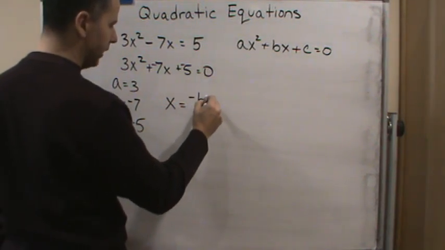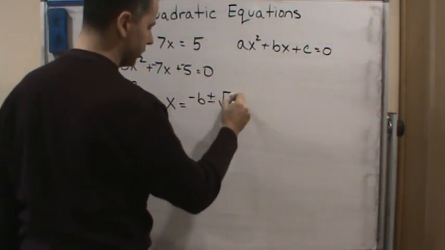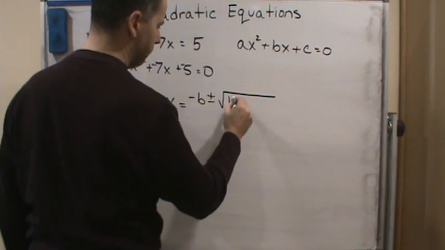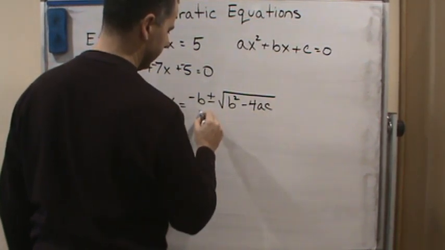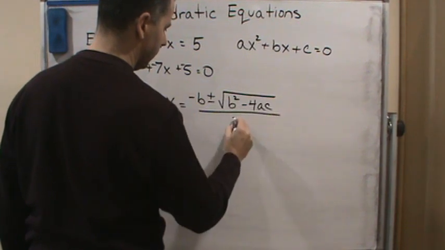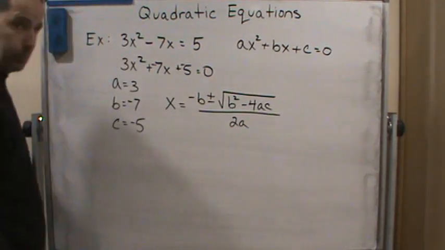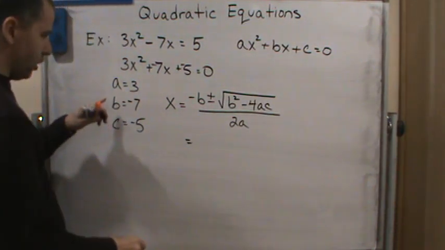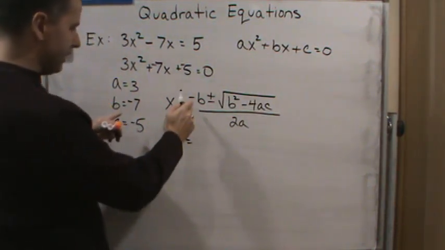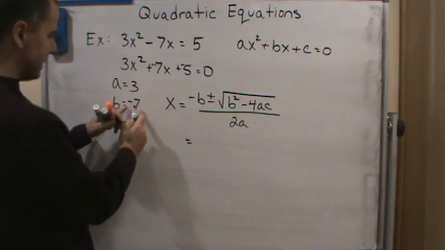X equals negative b plus or minus the square root of b squared minus 4ac, divided by 2a. Okay? So now I just plug and chug, because this is going to be what? Negative b. Now it's the negative of b. b is negative 7.